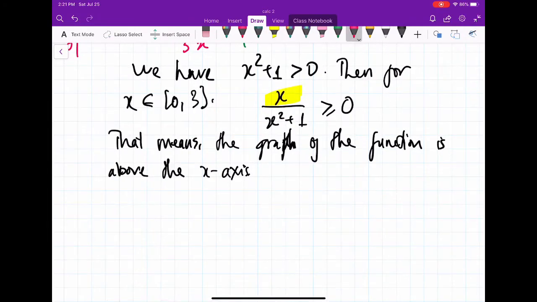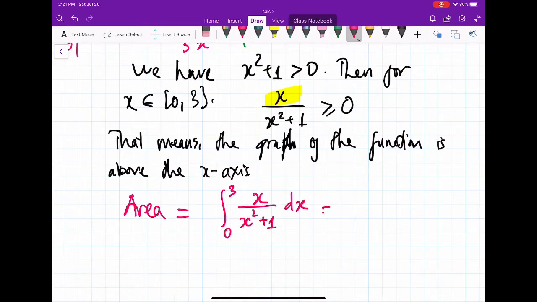Now I can find the area, which is just the definite integral from 0 to 3 of x over x squared plus 1 dx. Let me write it in this form: the integral from 0 to 3 of x dx over x squared plus 1. I hope you still remember the case when you have combinations of x dx and x squared.